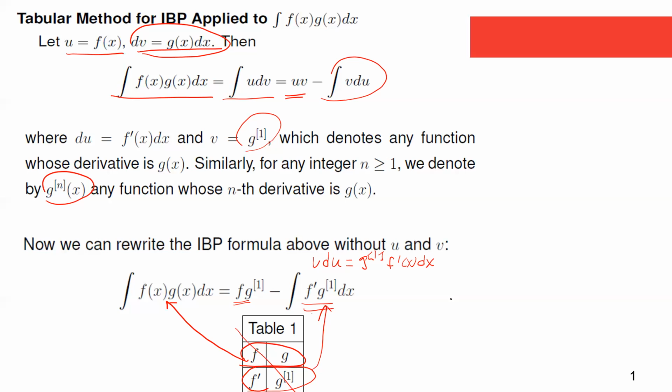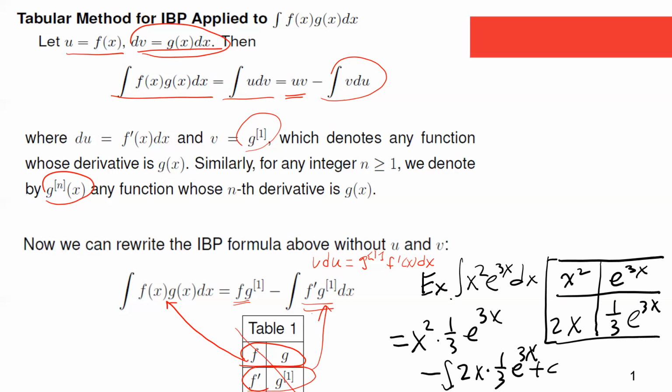So here's an example. Suppose we wanted to integrate x squared times e to the 3x, and we wanted to use integration by parts, with the first one being our f and the second function being our g. What we do here is create this table with f and g in the first row: x squared and e to the 3x.